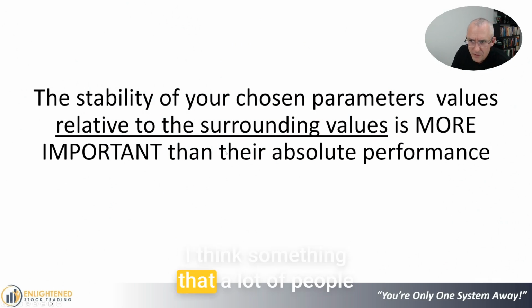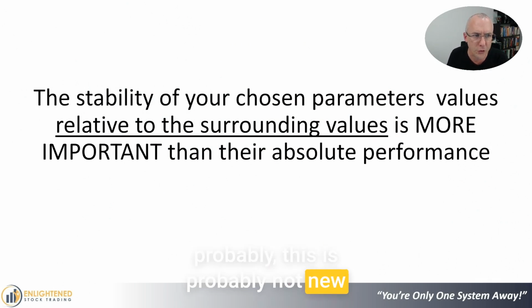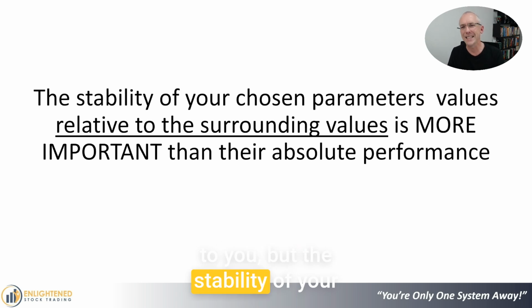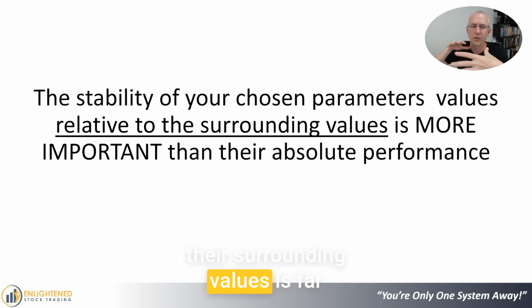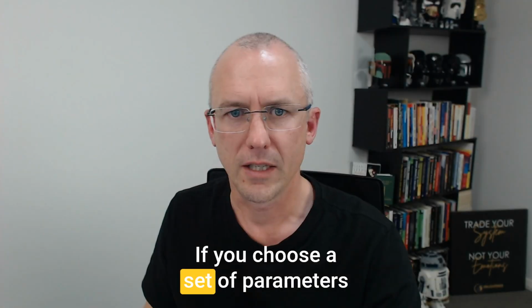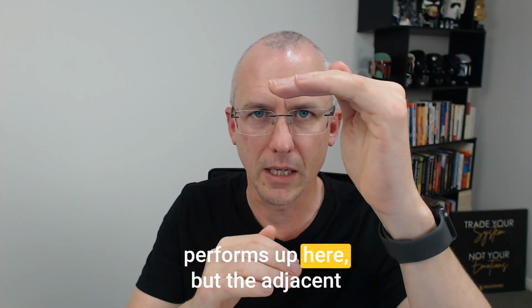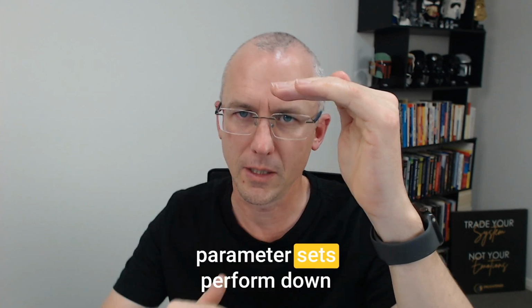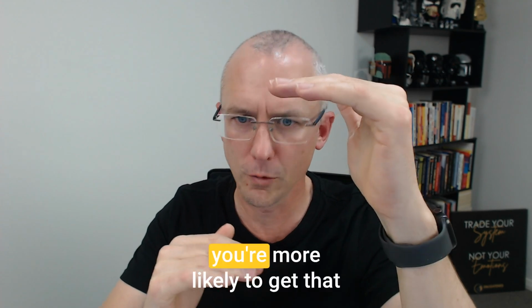Alrighty, let's see. I think something that a lot of people miss, and I know a lot of you have been doing this for a while, so this is probably not new to you, but the stability of your chosen parameter values relative to their surrounding values is far more important than the absolute performance. If you choose a set of parameters and your chosen parameter set performs up here, but the adjacent parameter sets perform down here, then in real-time trading, you're not going to get this performance, you're more likely to get that performance.